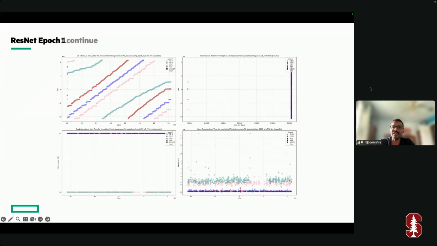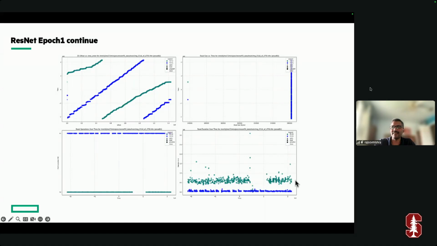So I will take another file, which is similar to what we saw in the previous file: the sequential pattern, read size 256K, evenly spread, and duration is less. So they are not that IO intensive.